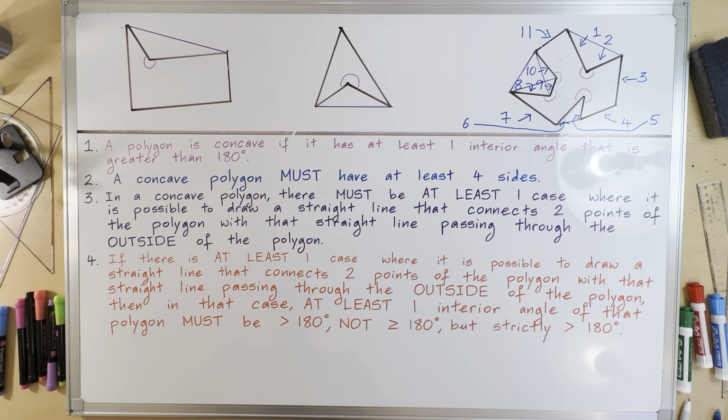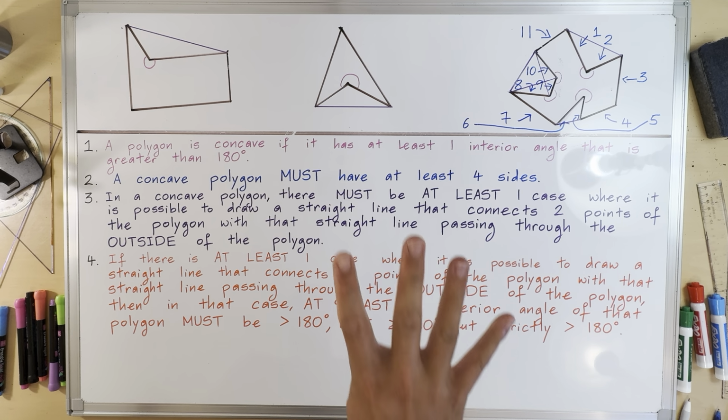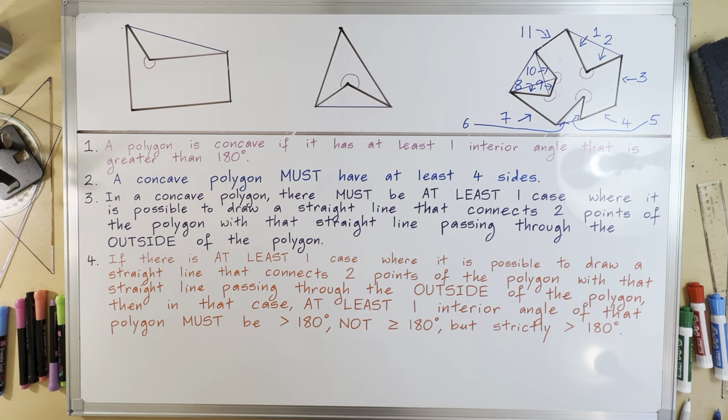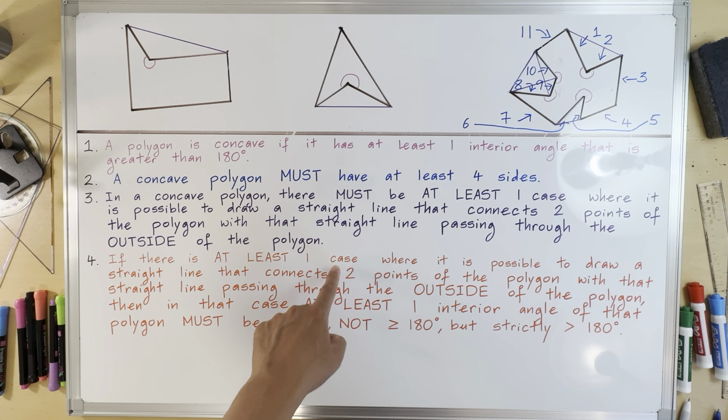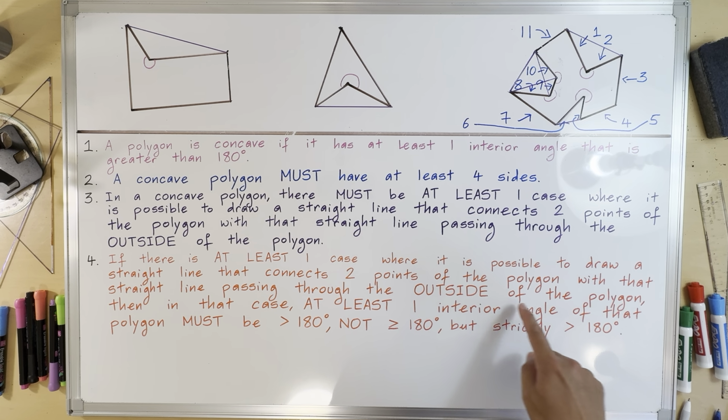And we will read the last statement, which is statement number 4. Statement number 4 states that if there is at least one case where it is possible to draw a straight line that connects 2 points of the polygon with that straight line passing through the outside of the polygon.